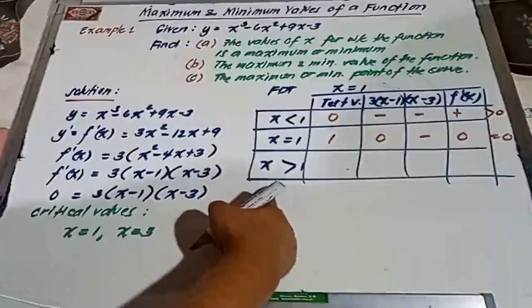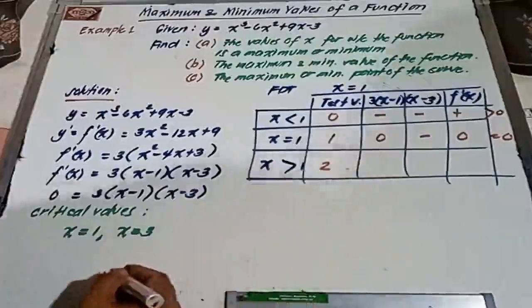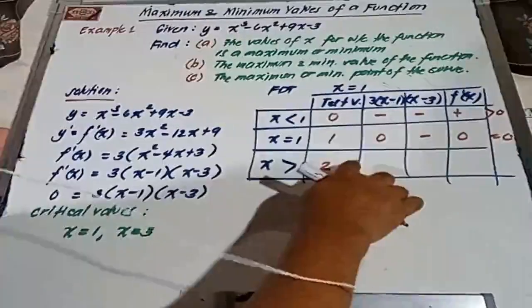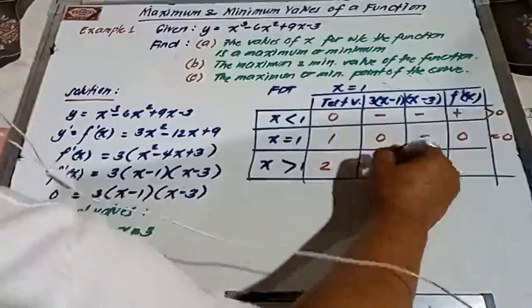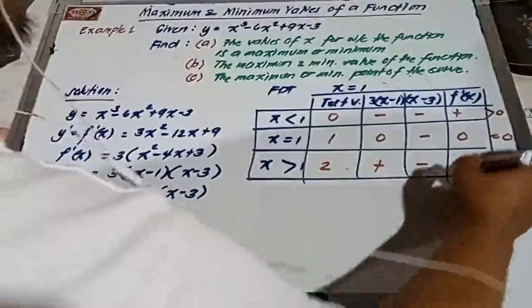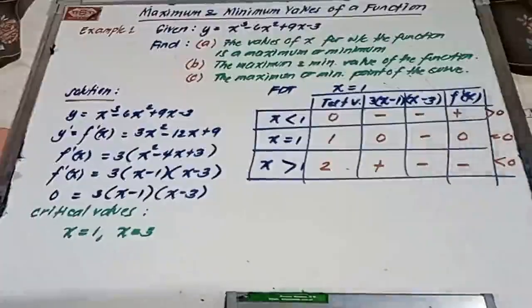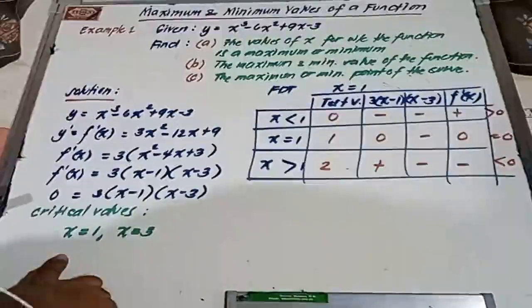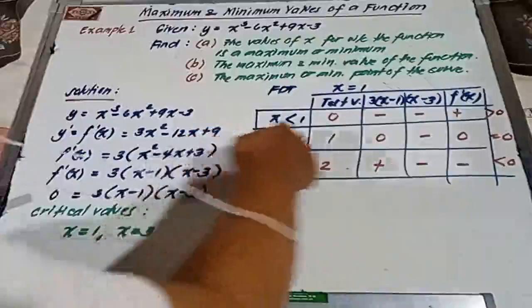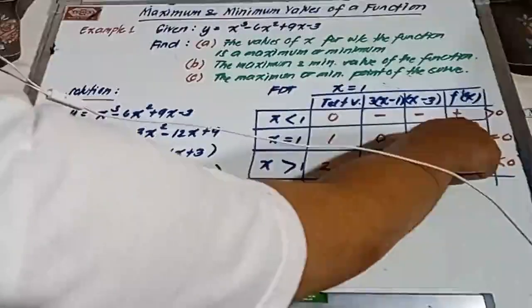If x greater than 1, let's say x equal to 2. Okay? So we have 2 minus 1 is positive. 2 minus 3 is negative. This is negative, so this is less than 0. So, papansin natin na dun sa ating nakuhang critical value na x equals 1, kapag less than 1, positive ang slope or first derivative.